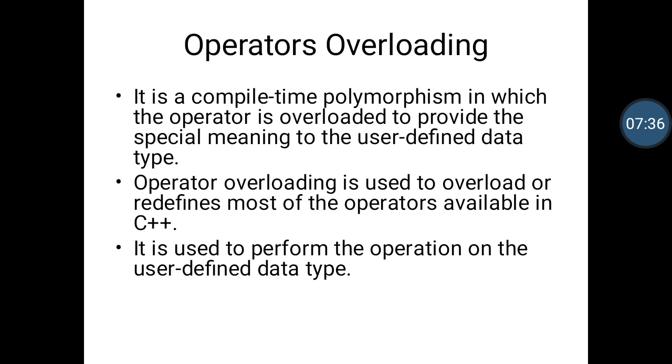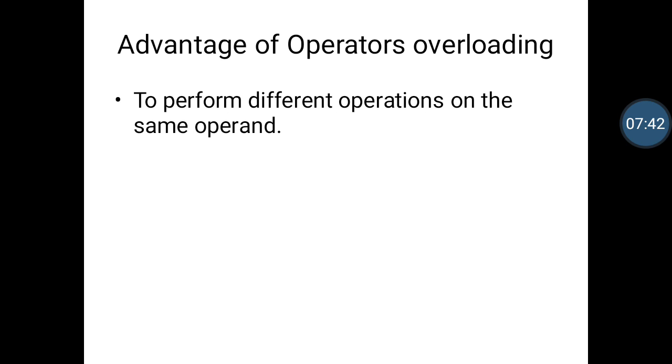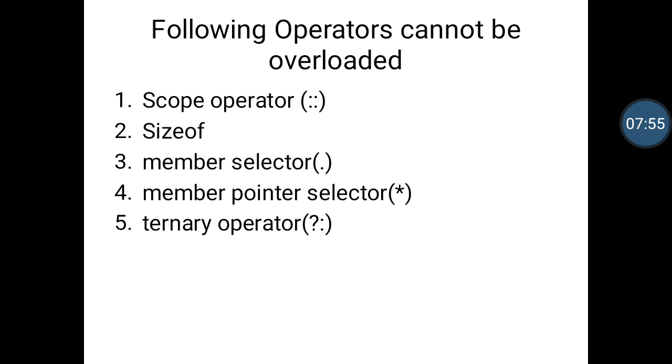Here it is used to perform operations on user defined data types, but not on user defined operators. The advantage is that we can perform different operations on the same operand. So it allows me to add two integer variables, to add two complex numbers, or to add two objects.